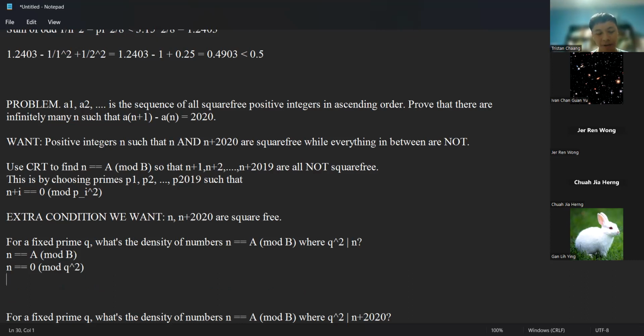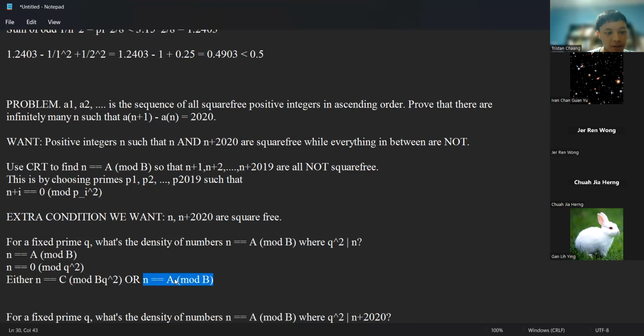Either Q is a factor of B or Q is not a factor of B. So either n is 0 or n is some number C mod BQ squared, or n is still this thing, or this. And actually, we can choose our PIs such that this never holds, right?